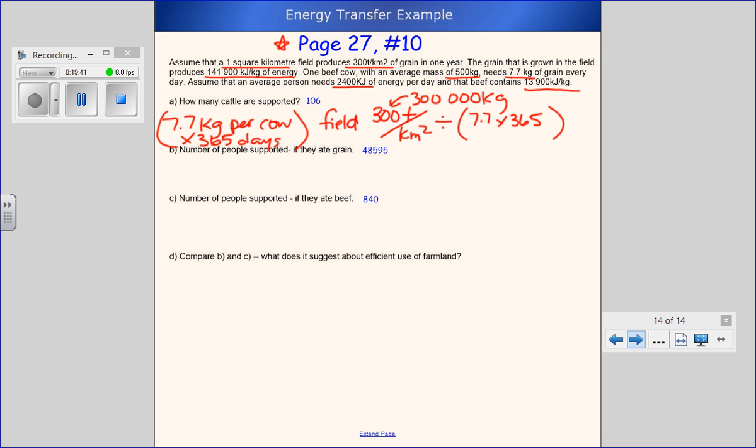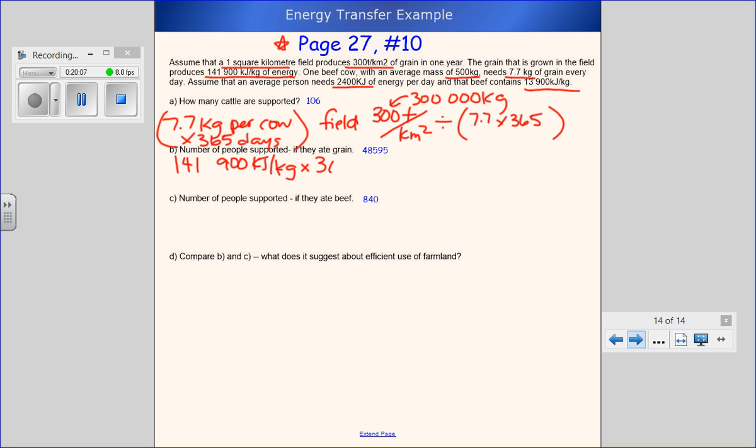Now the next two questions are about people. And we're going to calculate how many people could survive if they ate grain versus how many people could survive if they ate beef instead. So for the number of people supported if they ate grain, we know, based on the values given to us, how many kilojoules per kilogram grain is providing.